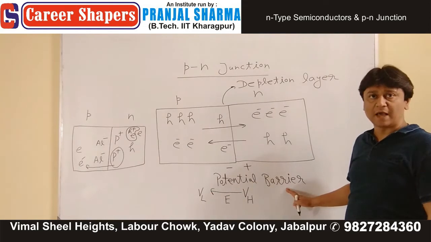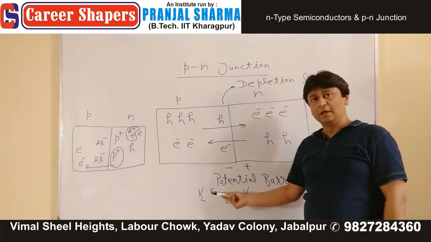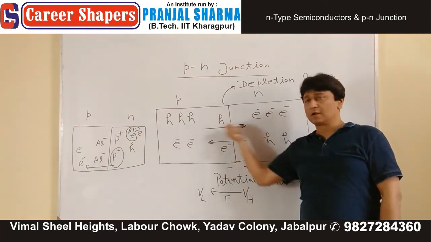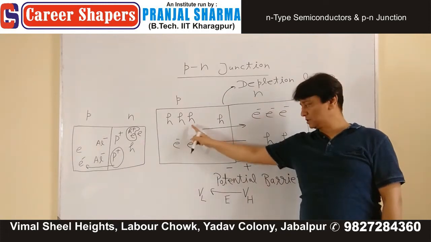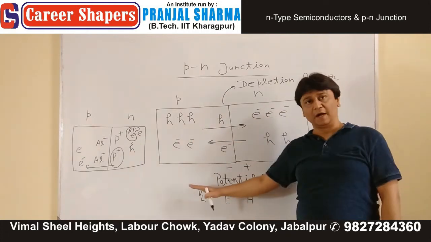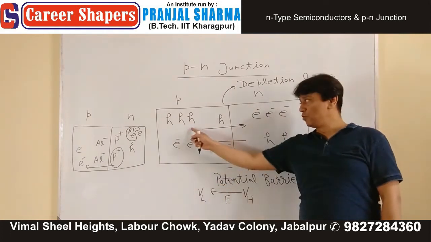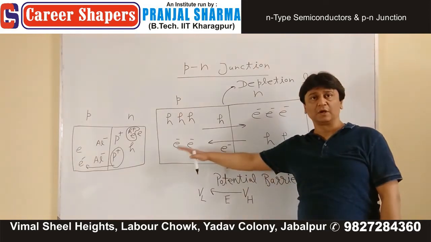The potential difference is what? Your potential barrier. This electric field is going to oppose further diffusion of holes. Holes are positively charged. They will be repelled or pushed in this direction. They are trying to move over here, but the electric field is going to push them back.